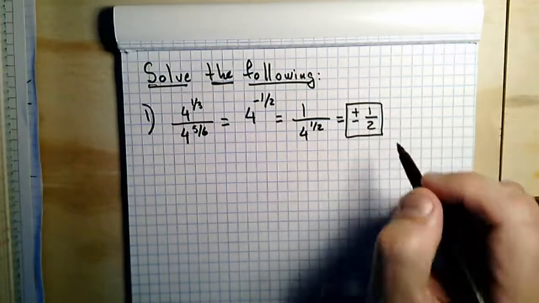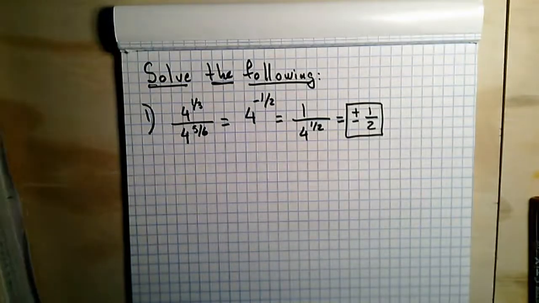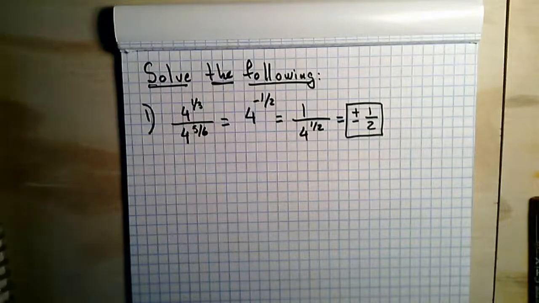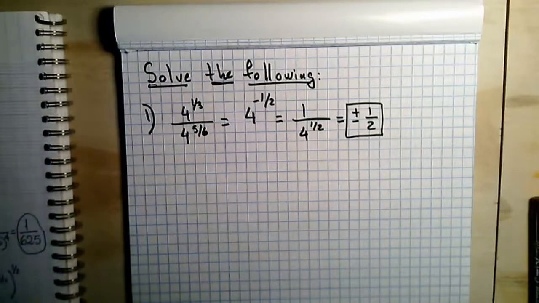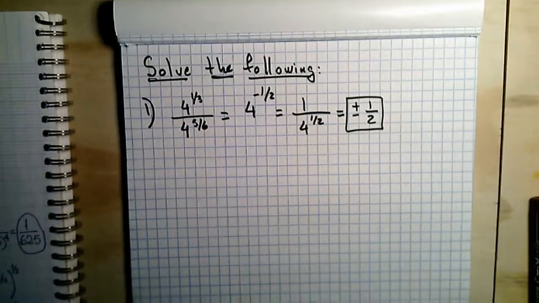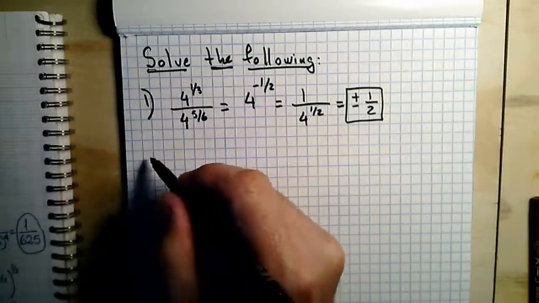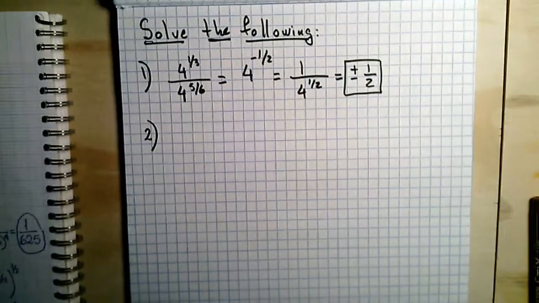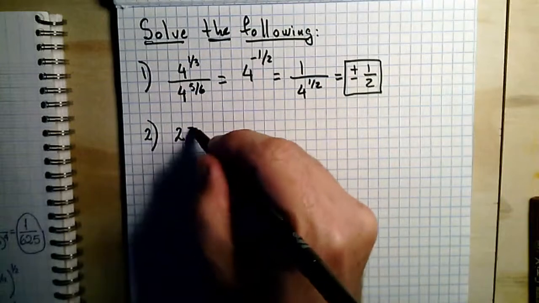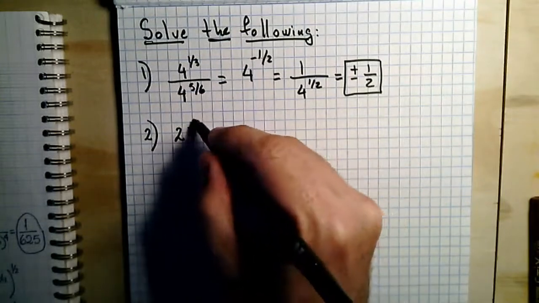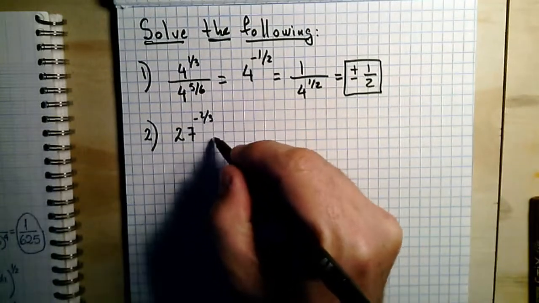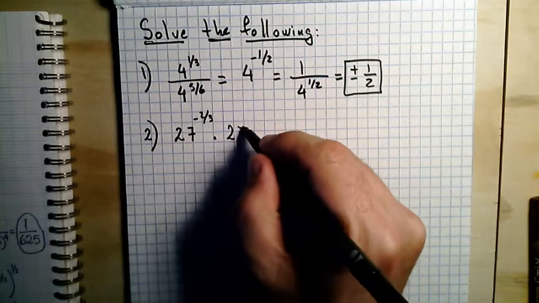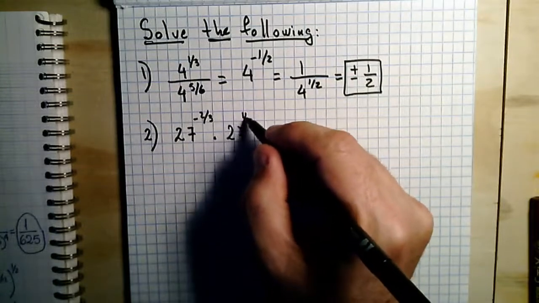Okay? So this is a sample where we apply the properties, numerical samples, and then we will introduce the algebra ones later. Number 2, I have 27 to the power of negative 2/3 times 27 to the power of 1/3.